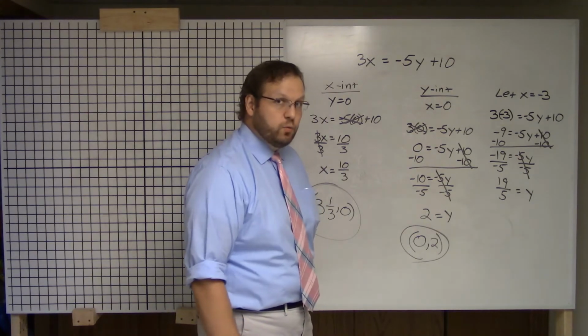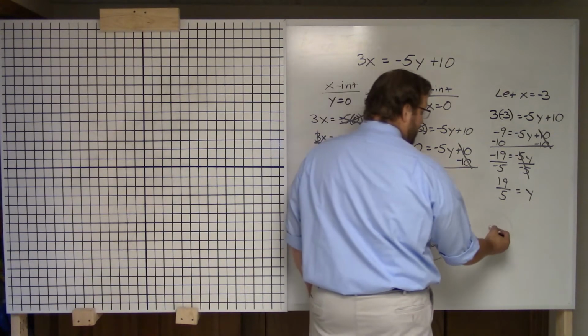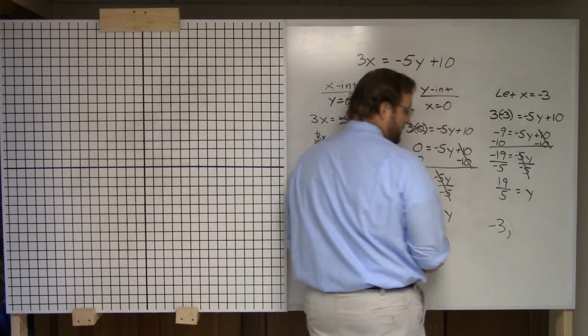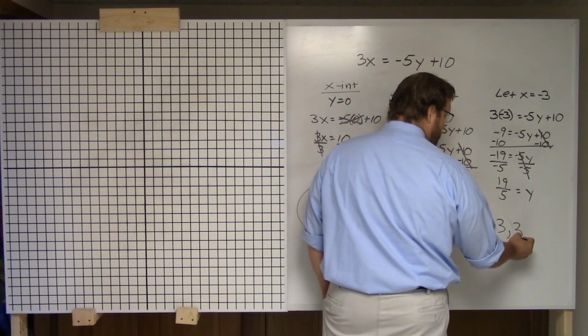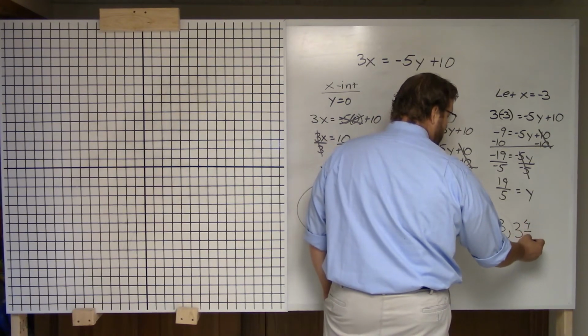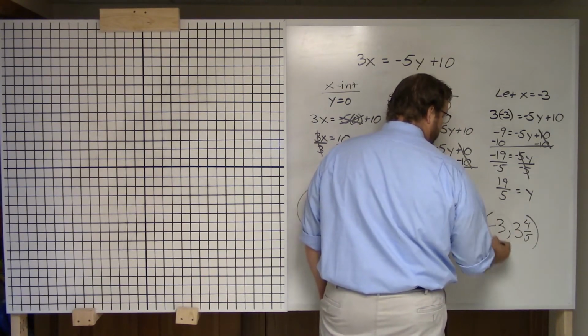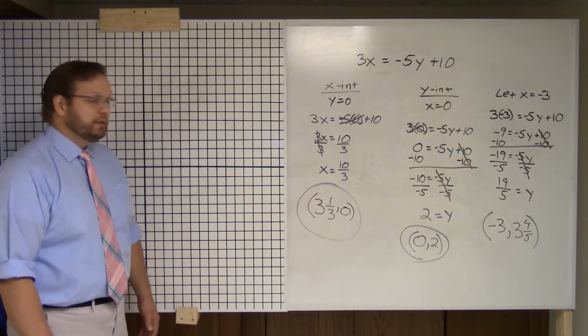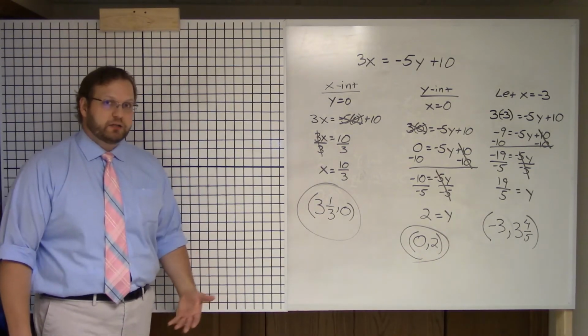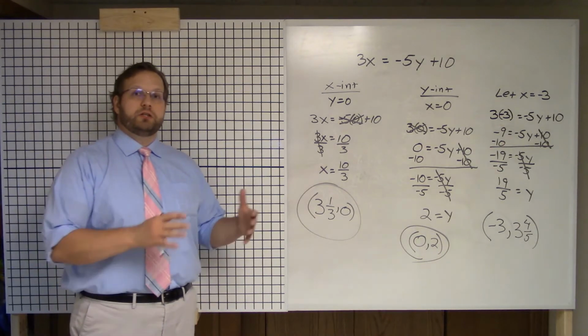Now again, I would convert that. So I have a negative 3, comma, 5 goes into 19 3 times with 4 left over. And we have that. Now we're going to have to graph some fractions. Just do the best you can.